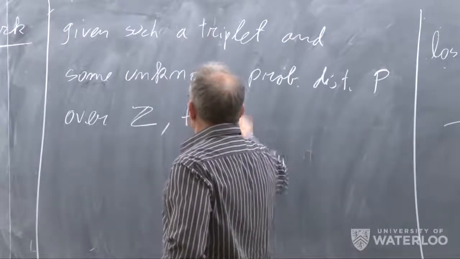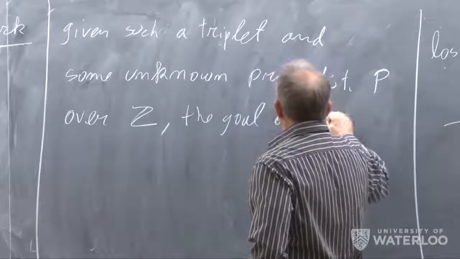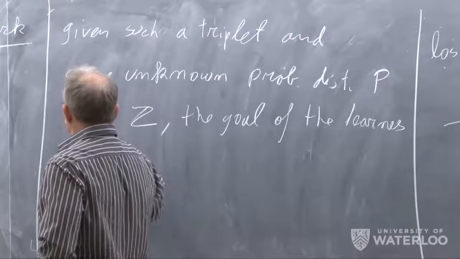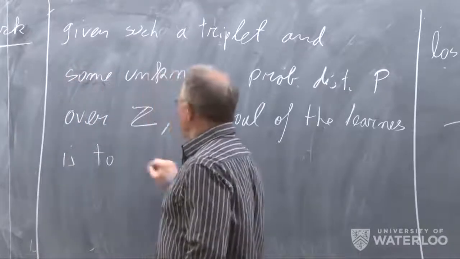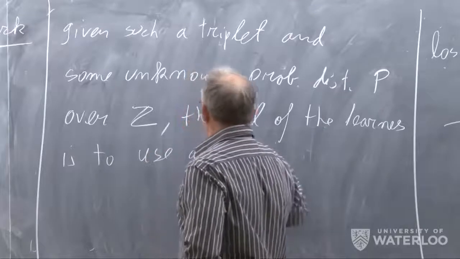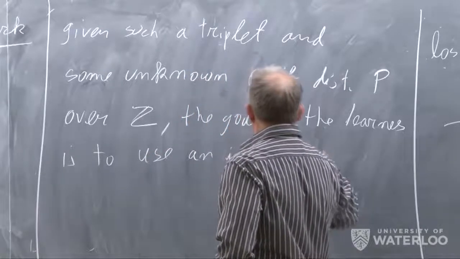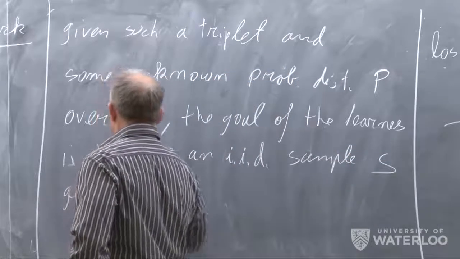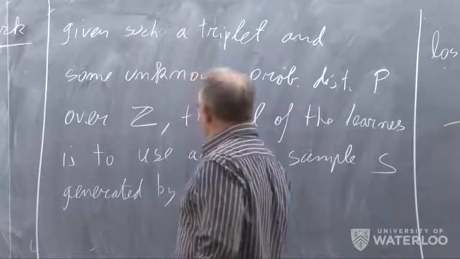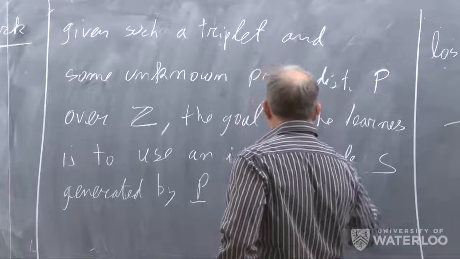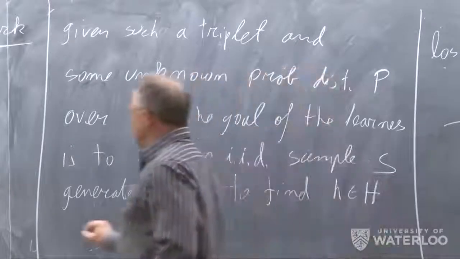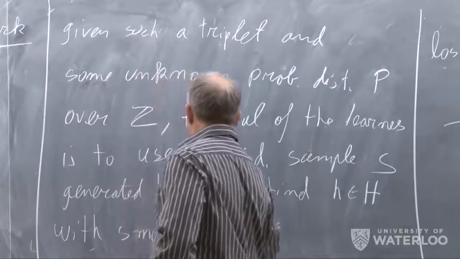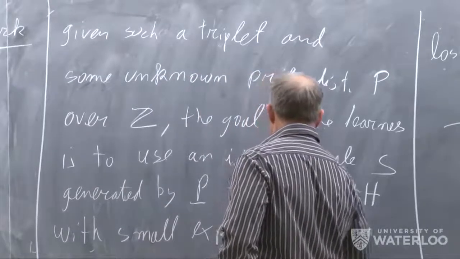The goal of the learner is to use an IID sample S generated by P to find H in H with small expected loss.